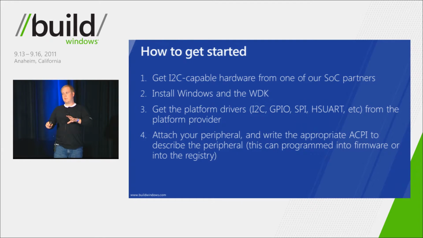So once you've gotten this hardware, which you cannot get today, you start by installing Windows and getting your hands on the Windows Driver Kit. You get the platform drivers from the platform providers: Intel, NVIDIA, Qualcomm, TI, AMD. When you get that hardware, you go and install the controller drivers for your platform.